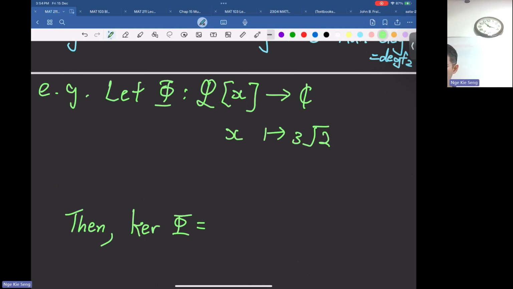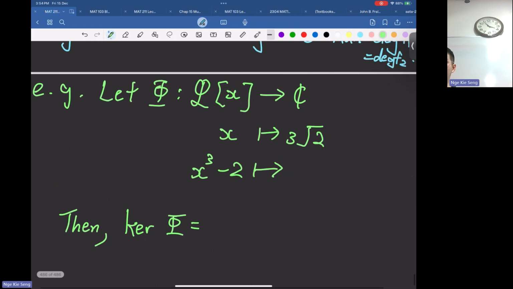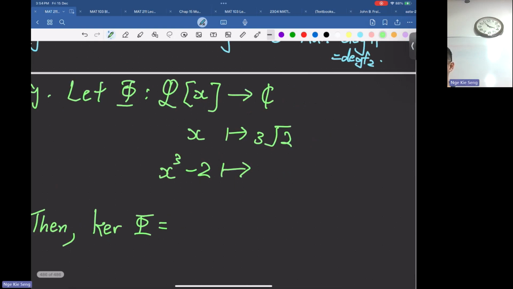X minus cube root of 2. So what's the polynomial that can get sent to 0? X cubed minus 2. Correct. X cubed minus 2. What does phi do to x cubed minus 2?